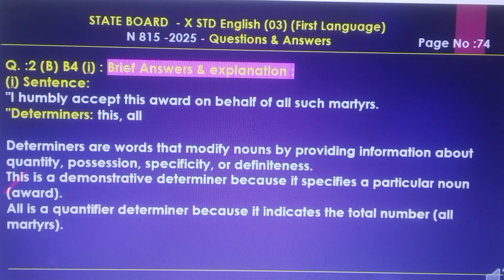Brief answer and explanation: determiners are words that modify nouns by providing information about quantity, possession, specificity or definiteness. This is a demonstrative determiner because it specifies a particular noun, award. All is a quantifier determiner because it indicates the total number, all martyrs.